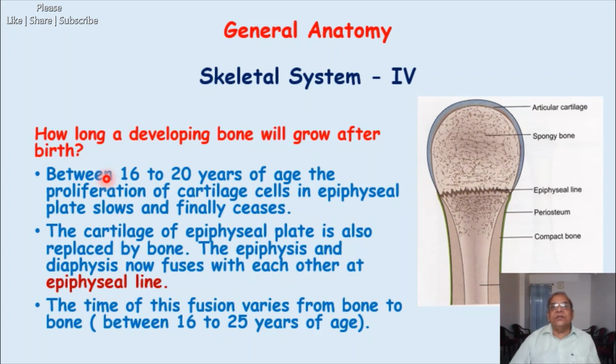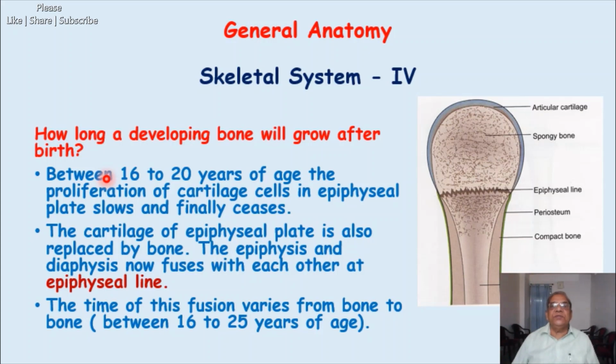But then the question comes, how long will this growth take place? Now there is a fixed time for every bone to cease ossification or growth. Between 16 to 20 years of age, the proliferation of the epiphyseal cartilage cells will cease.